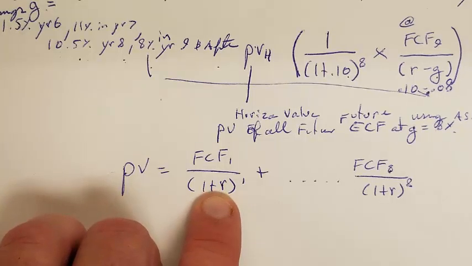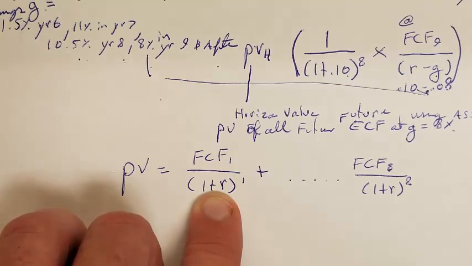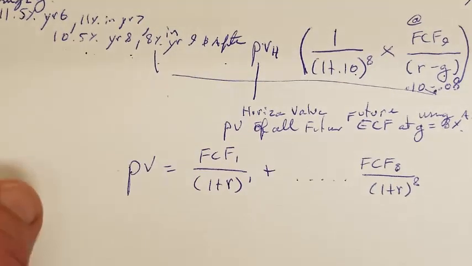And we use the free cash flow that you learned in beginning finance, which is basically the cash flow from the assets. The cash flow from the assets, otherwise known as free cash flow, is equal to the operating cash flow, minus net capital spending, minus any changes in net working capital. So that should do it for that problem.